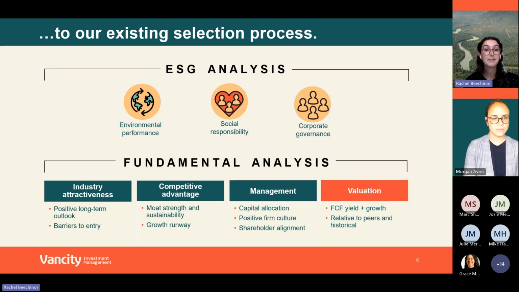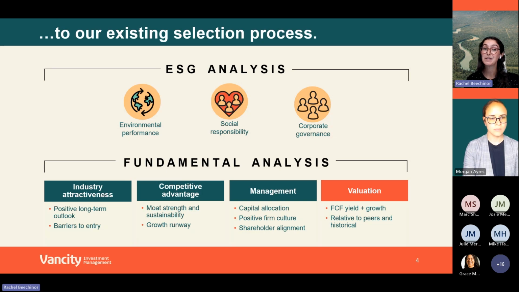And then from the fundamental side of analyzing the individual companies, we always begin with looking at the industries the companies operate in, as this is where most competitive advantages are born out of. We specifically look for positive outlooks and strong barriers to entry. We then look at the competitive advantage the companies have, and if that advantage is getting stronger, weaker, or staying the same.